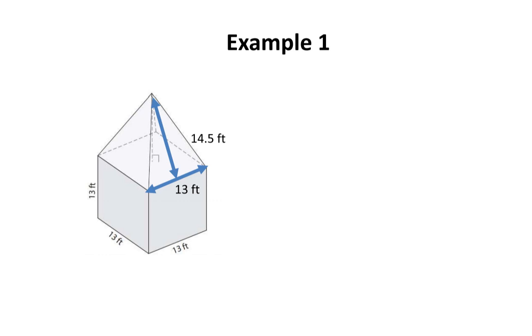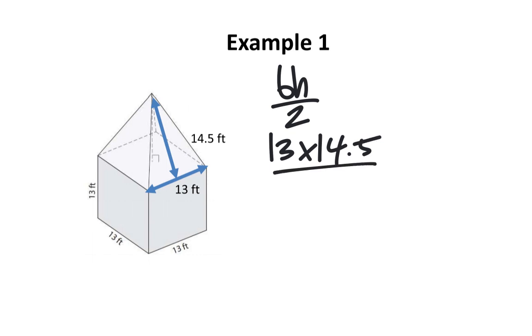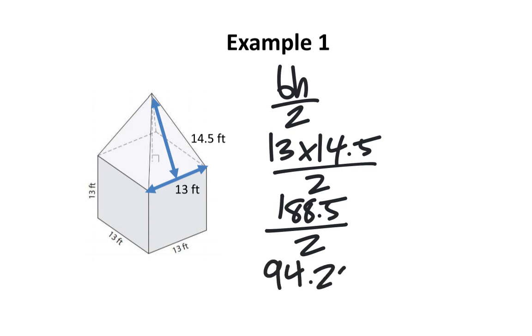Now that we have the dimensions for this triangular face, we can use the equation base times height divided by 2. The base would be 13, the height would be 14.5. We want to multiply before dividing. 13 times 14.5 is 188.5. We're going to take that and divide it by 2, which becomes 94.25.